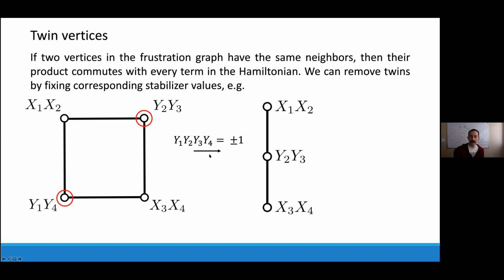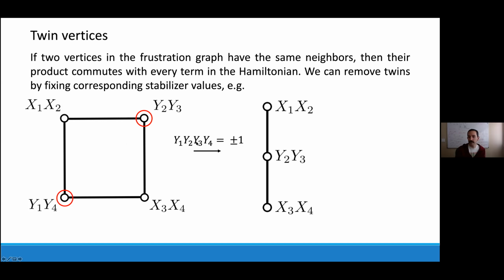Their product will, in fact, commute. If I just look at the product y1, y2, y3, y4, it clearly commutes with x1, x2, right? Because y1, y2 commutes with x1, x2, and similarly, y3, y4 commutes with x3, x4.